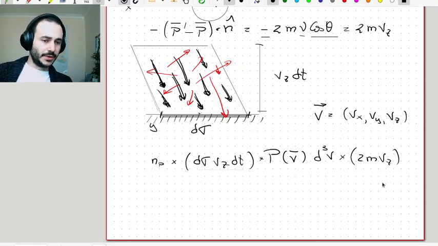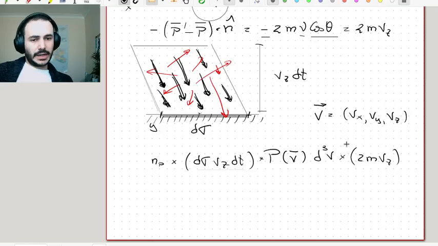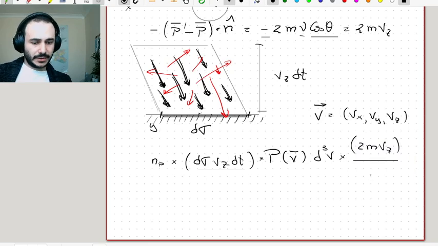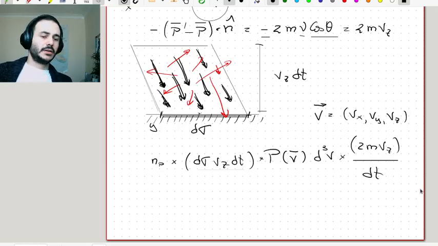I can take this whole thing and divide by the time in which this process happens. So this whole object is the total amount of momentum that is transferred to the wall in an infinitesimal time interval dt.